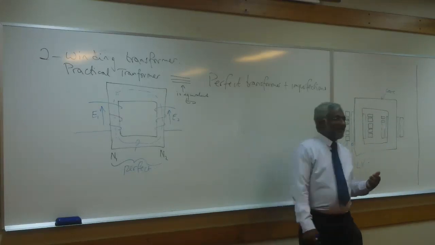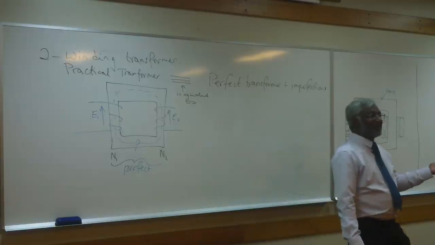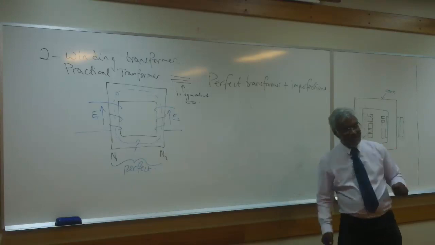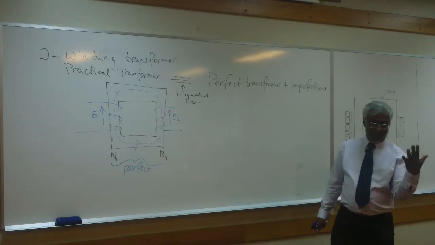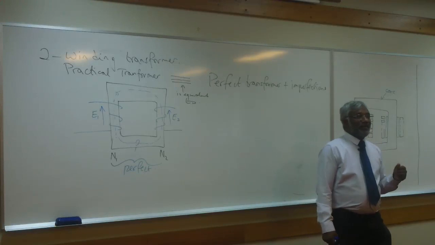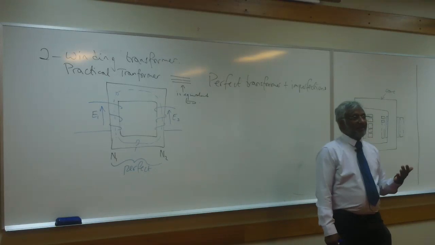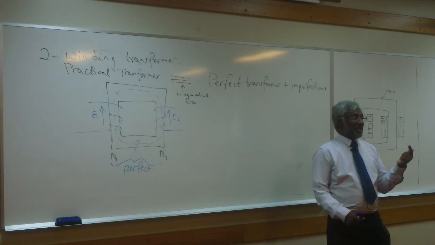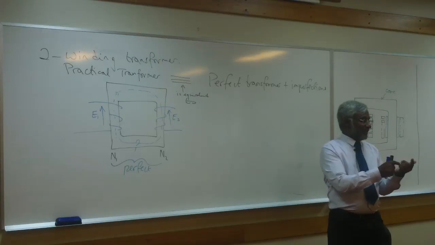So think about the imperfections and think about how you're going to represent them. And you're restricted in the way you can represent them. You can only represent them by one of those 5 elements. And talking about those 5 elements, there are 2 of them that you rarely use, but you still use them. That's a current source and a voltage source, and only if you have active devices.